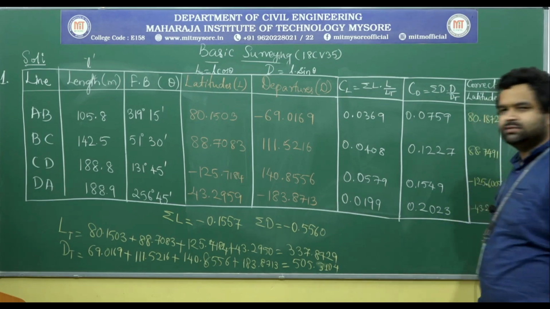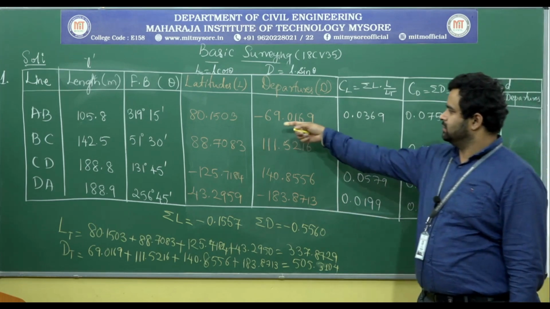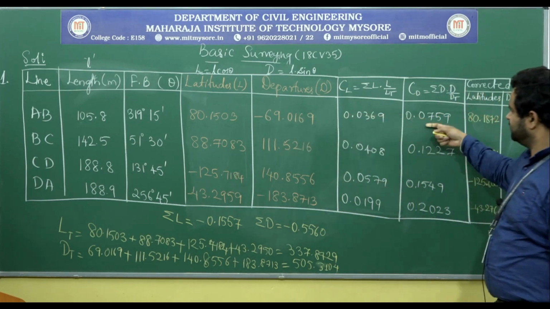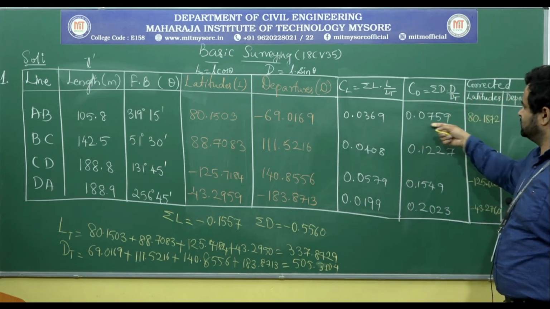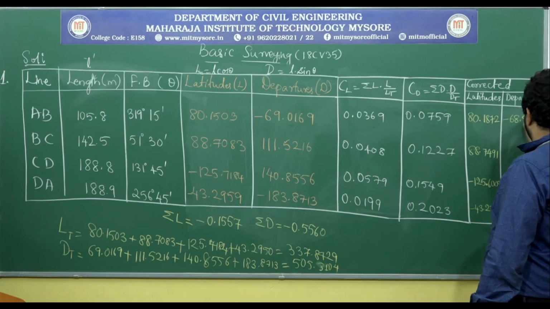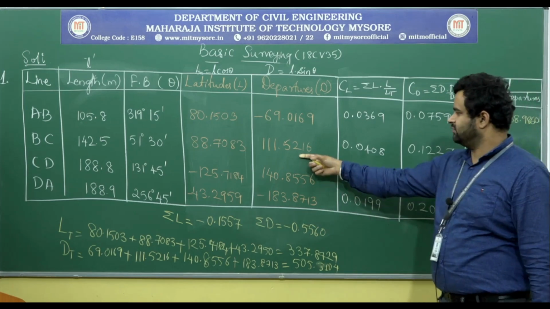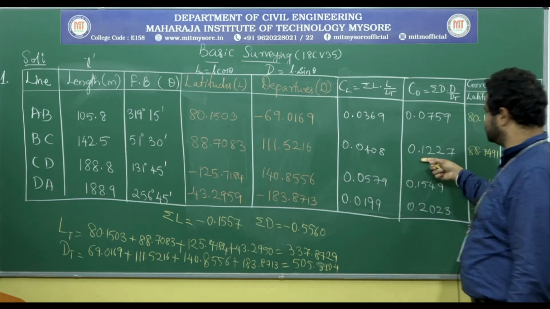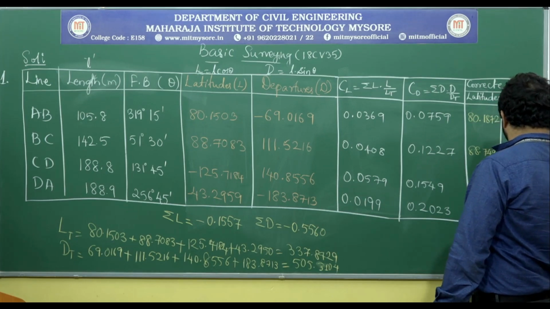43.2760. Similarly, we can calculate the corrected departures by adding this value to the departure, that is minus 69.0169 plus 0.0759 is equal to minus 68.9860. Similarly, 111.5216 plus 0.1227 is equal to 111.6443.